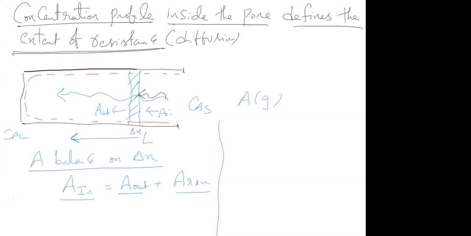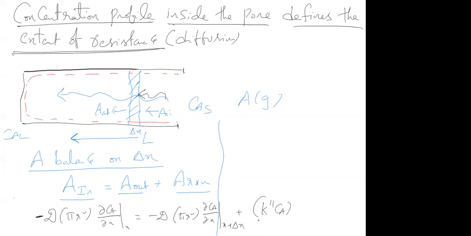So diffusion is minus D into pi r square into dCA by dx at x, minus D into pi r square into dCA by dx at x plus dx, plus the reaction, which is K double prime CA, rate minus RA, into, does the reaction happen over the entire area or only on the surface?